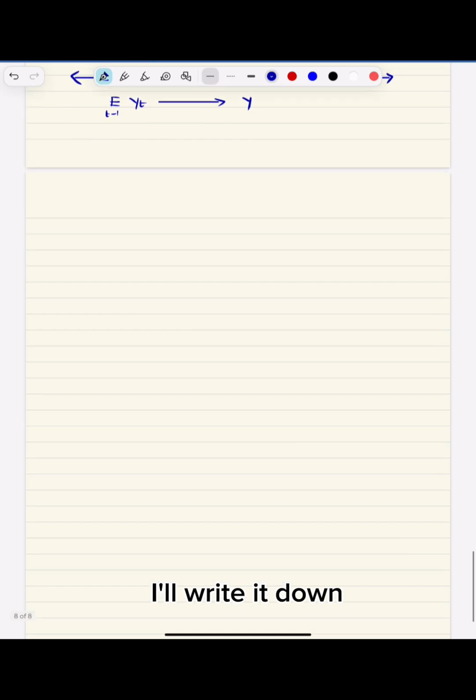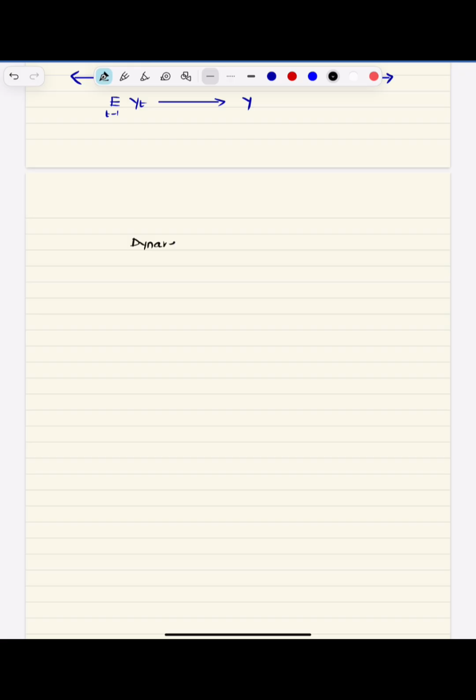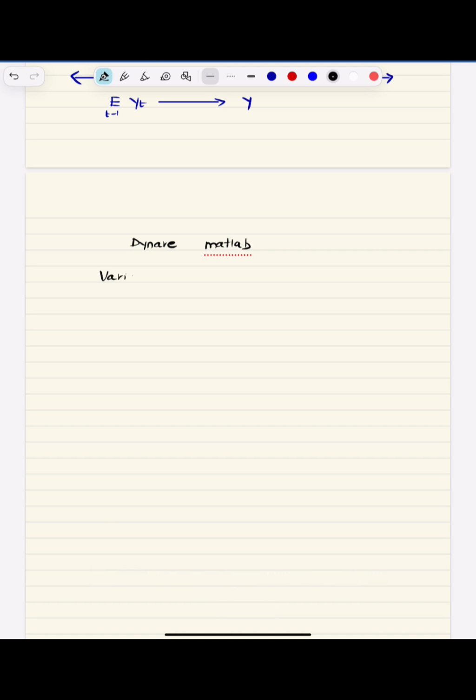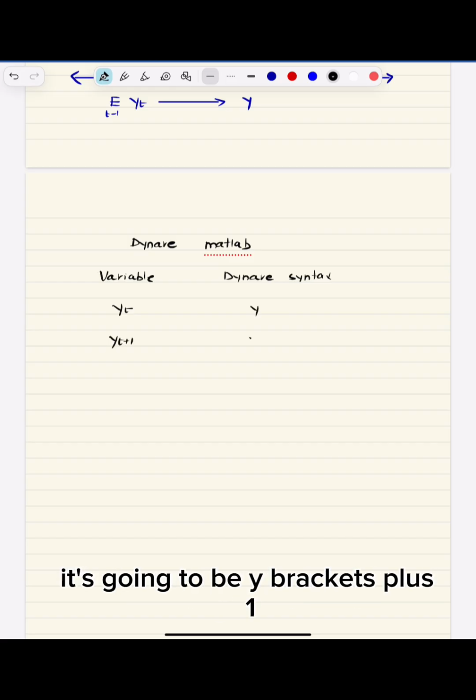I'll write it down. So on Dynare and MATLAB, whenever you want to write yt, the syntax is y. Whenever you want to write yt plus 1, it's going to be y brackets plus 1.